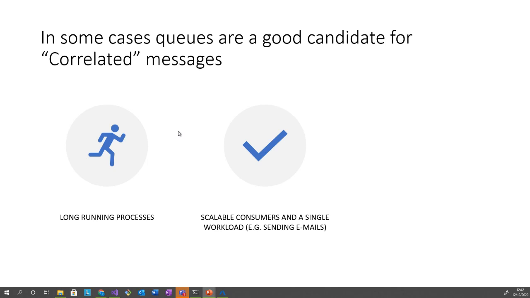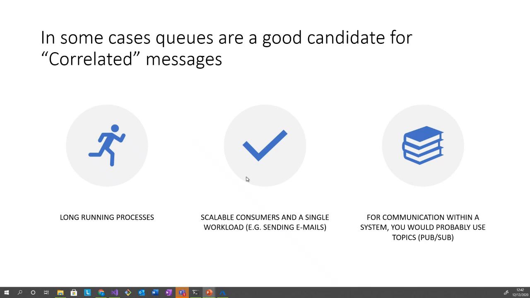So if you're writing a spam engine to send out 1 million emails to 100,000 people, if you're a recruitment agent or whatever and you want to send out all these things to people, having this kind of scalable consumer is great, and it works great with queues. But if you want to use communication within a system, then you might want to have a look at topics instead.